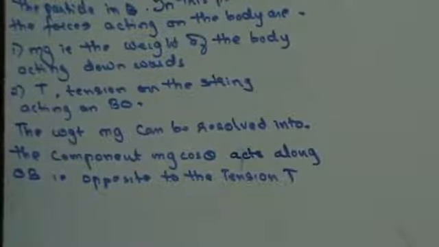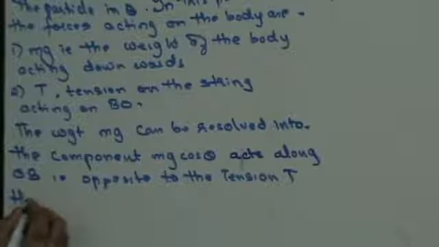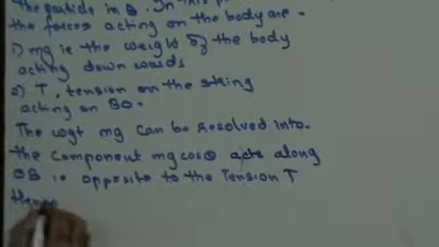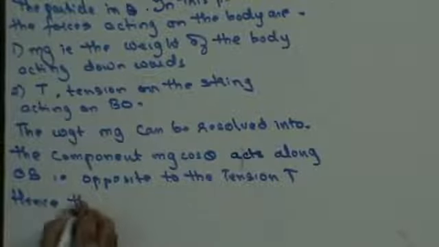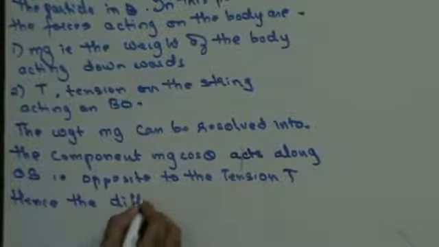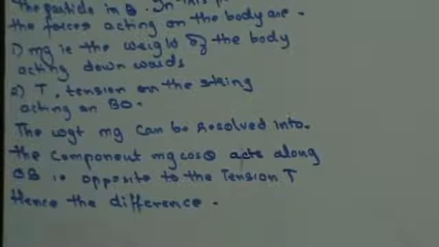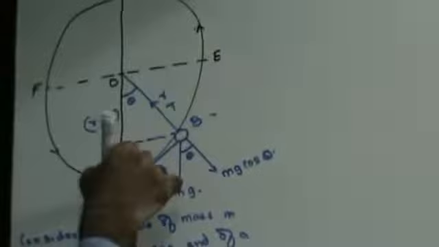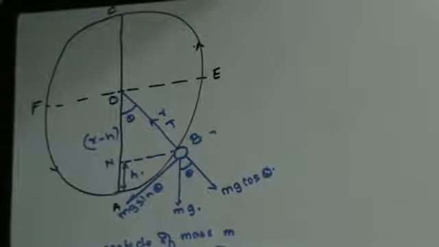Hence the difference provides the necessary centripetal acceleration. Hence the net tension on the string now is going to be the difference. What is going to be the difference, guys? See the figure. This is tension T acting in upward direction. Mg cos theta is acting in downward direction. So what will be the net force that will be acting in upward direction?